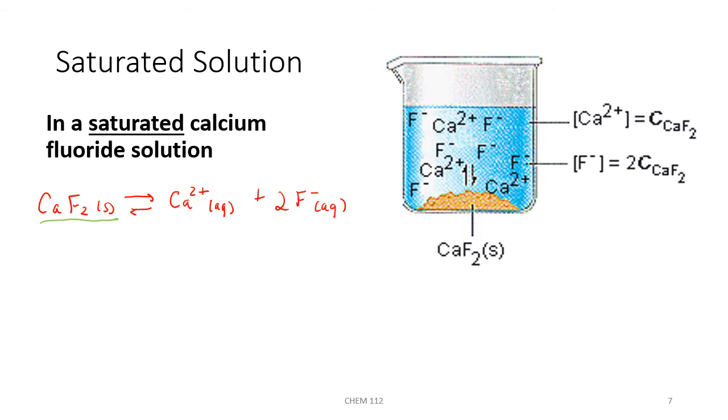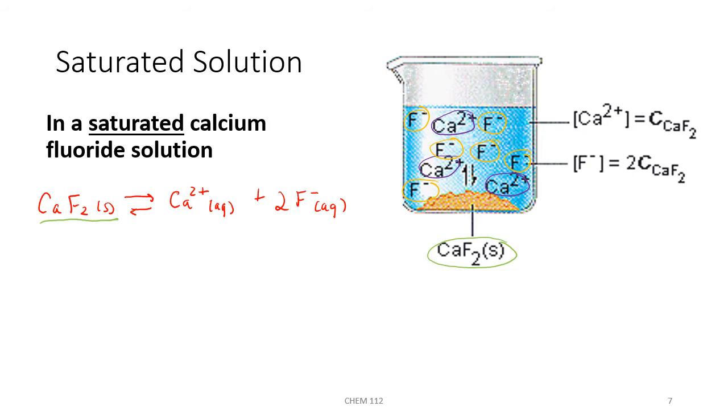So that's what we can see in the picture on the right, is that we have our solid calcium fluoride sitting on the bottom, and then we have a certain ratio of ions that are swimming around in our solution. Notice that there are, in this example, 3 moles of calcium 2 plus ions, and then there are double that amount of fluoride anions. So in the picture, you can see that there are 6 moles of fluoride anions.